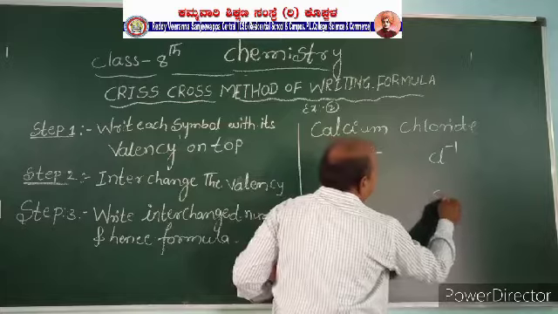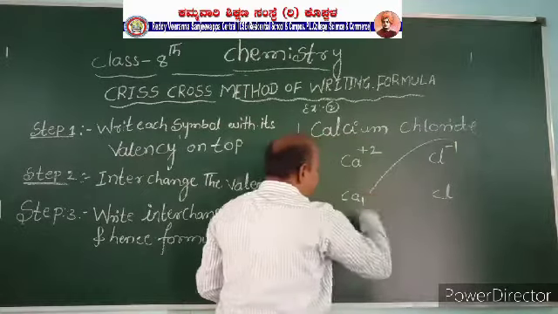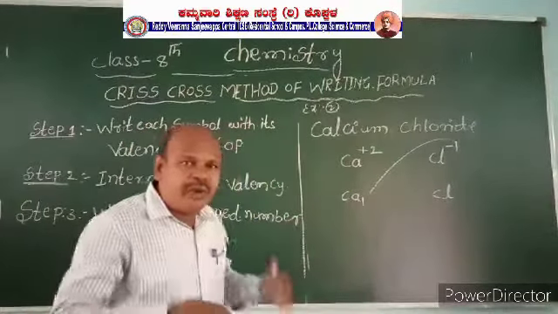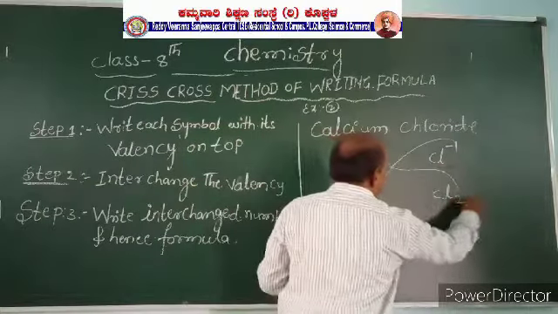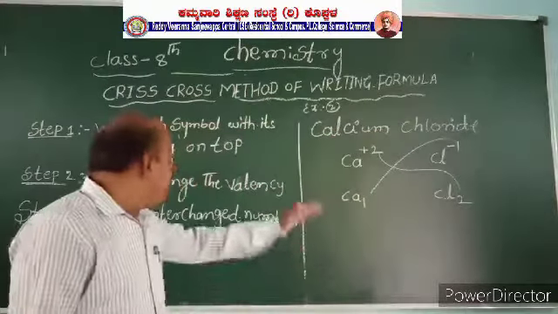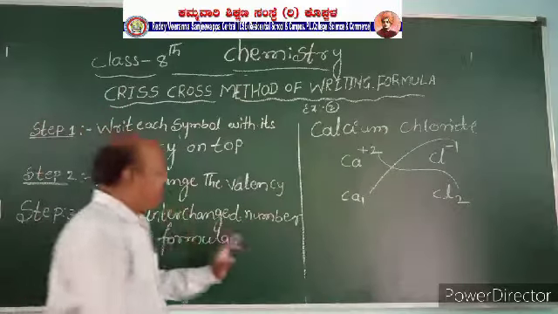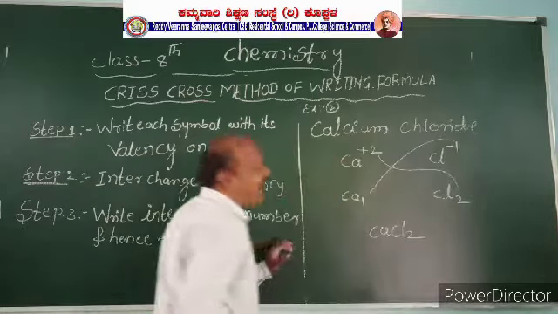And next step is exchange the valency. Ca and Cl: ignore the sign. Here minus 1 is there, you write only 1. Plus or minus, ignore the sign. And third step, write the interchanged number. That is Ca Cl2.